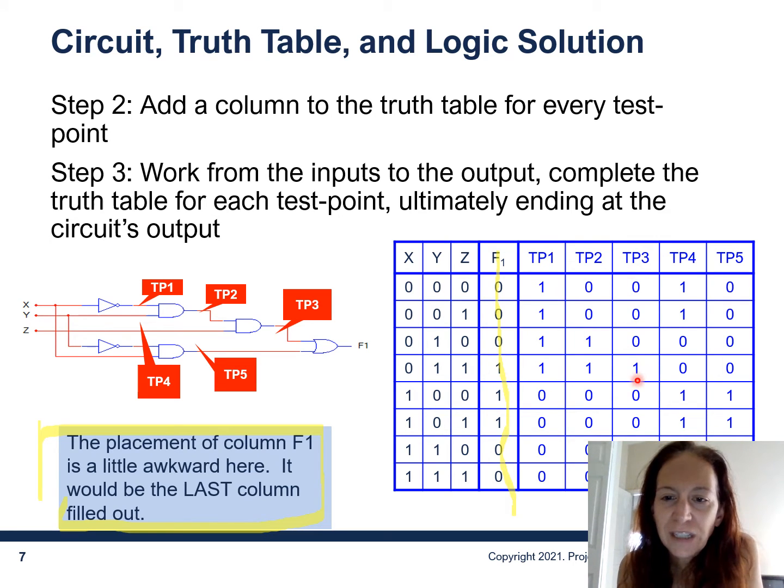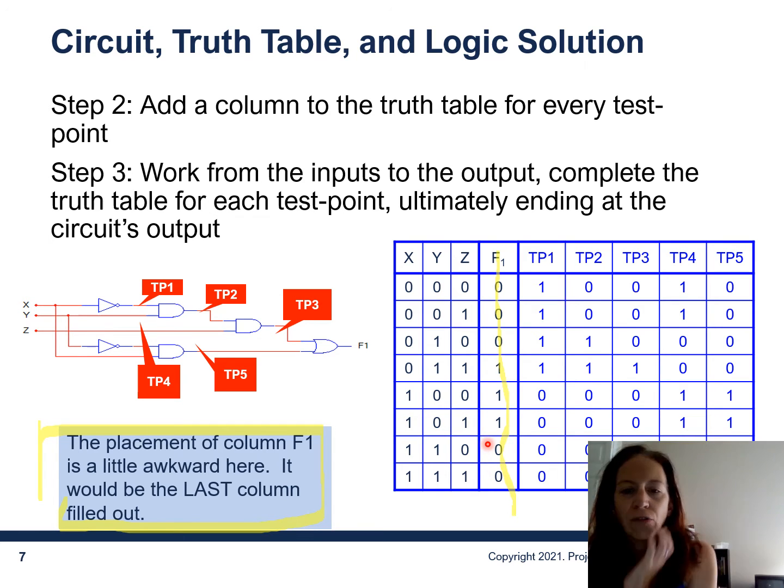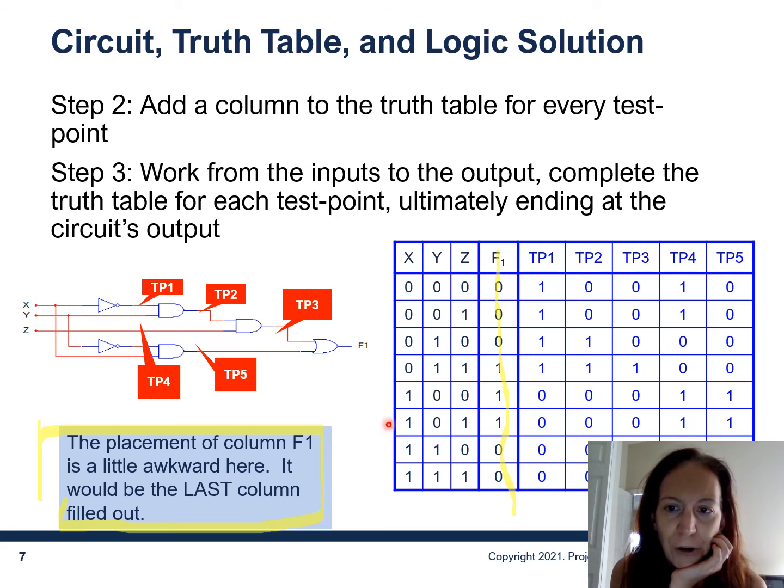TP3 goes high in this row right here, which will send F1 high, and it's not going to send F1 high any other time. Then looking over here at TP5, we have two 1s here, which will be enough to send it high, and there they are. Everywhere else, it's a 0, and so your final output for this is 0, 0, 0, 1, 1, 1, 0, 0. Kind of a long process. You probably would not want to do this if you had any kind of circuit that had lots and lots of gates.